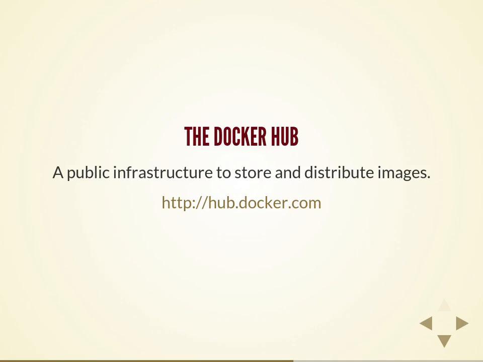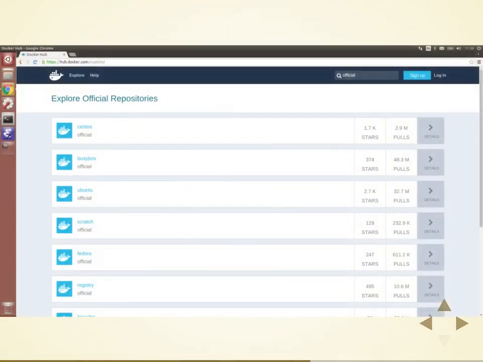There are lots of them at this time. There are a number of official repos hosted on the Docker Hub. There are official repos for Ubuntu, for other operating systems like CentOS, Fedora. There is Postgres.